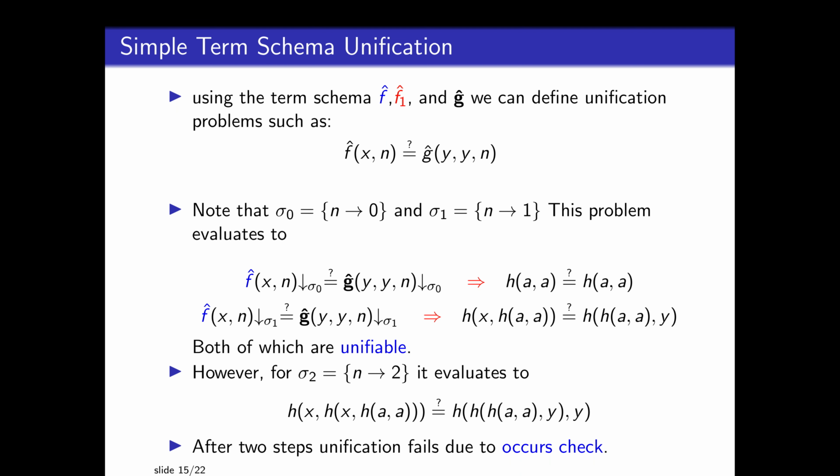So let's look at some unification problems here. Let's take this first unification problem, which is f hat xn and g hat yn. They have different variables on each side. For 0 and 1, it's pretty obvious that this is unifiable. However, the infinite sequence is not, because if we look at 2, we find that on this second step of unification, we are guaranteed to have a recurse check failure.